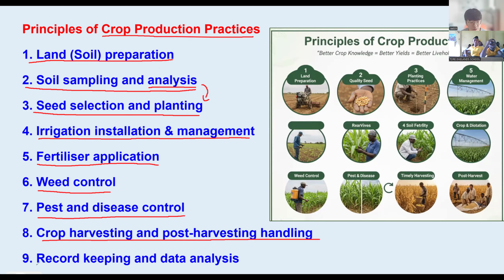And of course, the farmers need to keep the records and analyze the amount of crops collected each year. And all of these are crop production practices that we perform for better knowledge of the crops that leads to a better yield of crop production.